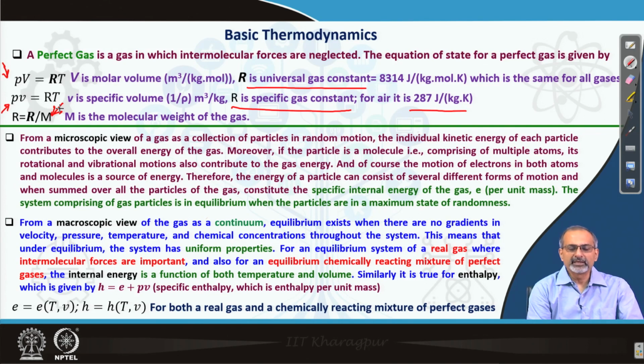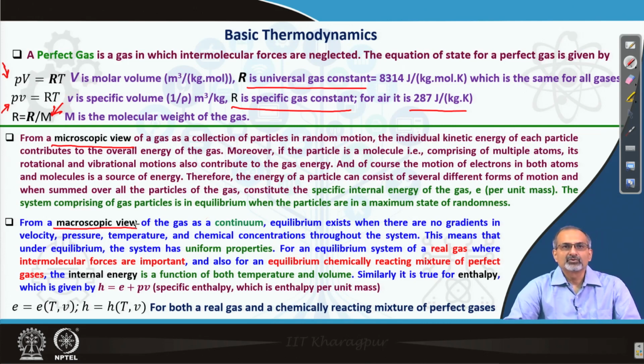And when we look at the medium, we look at it both from a microscopic viewpoint as well as a macroscopic viewpoint in thermodynamics. So from a microscopic viewpoint, we look at it as a collection of particles in random motion, and the individual kinetic energy of each particle contributes to the overall energy of the gas. If the particle is a molecule, it comprises multiple atoms.